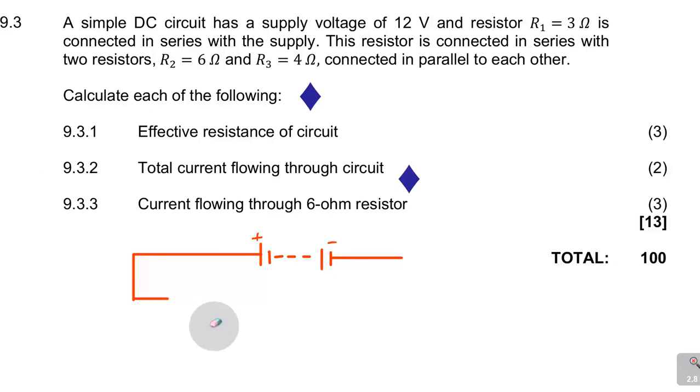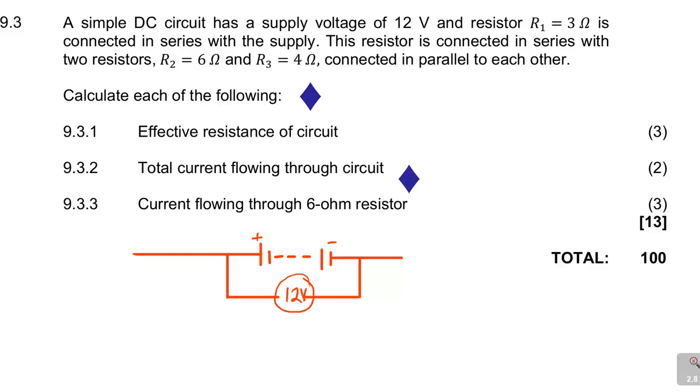Let me just erase this for now. This V here is my 12 voltage supply, for me to be able to measure. You see that? So that is across the battery.